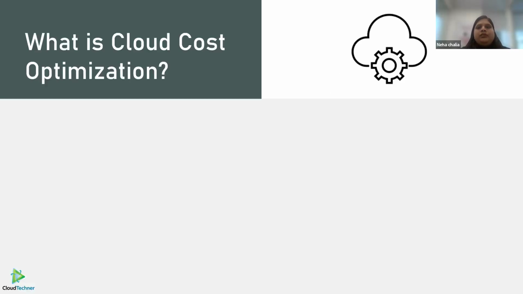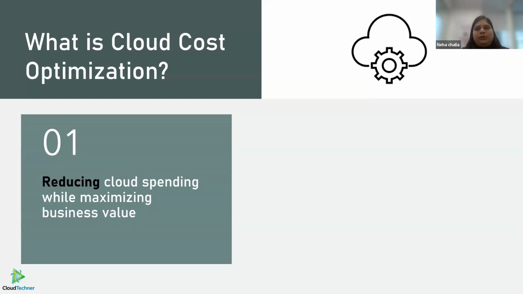So, what exactly is cloud cost optimization? It's about reducing unnecessary cloud costs while making sure that businesses still get the best performance and value from their cloud investments. But here is the thing, cloud optimization does not mean just cutting expenses, it means using cloud resources wisely, ensuring that every dollar spent is actually adding value to the business.